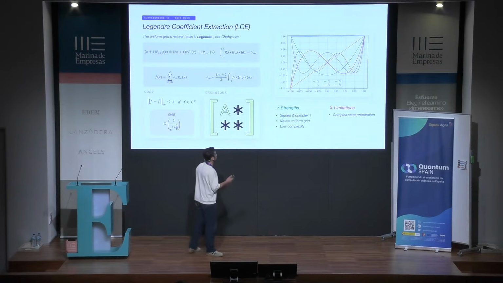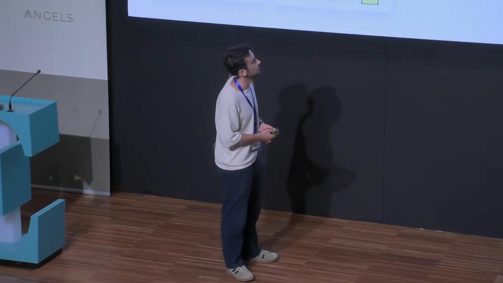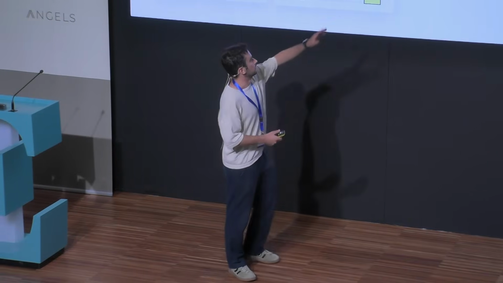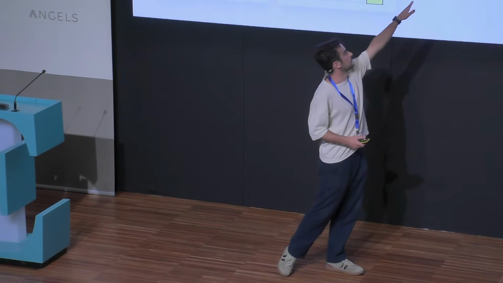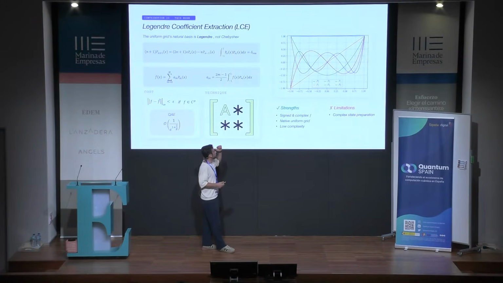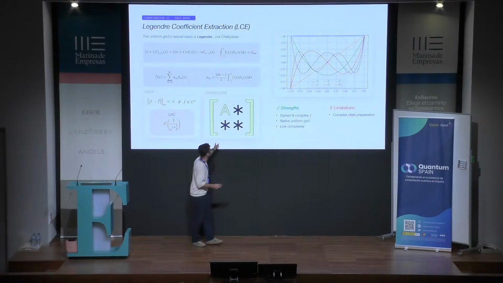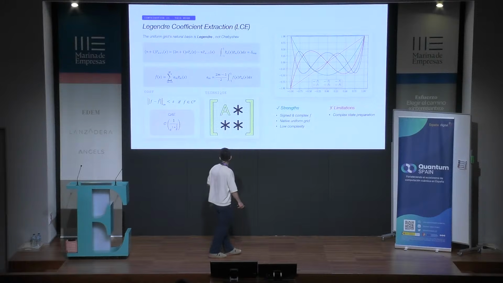But there is a problem. We need to encode these Legendre polynomials into a state. The first five Legendre polynomials are shown there. As you can see, all of them go from -1 to 1, and that's a good property. The good point is that we can do it with techniques like block encoding or quantum singular value transformation, which are new methods for encoding functions into quantum states.